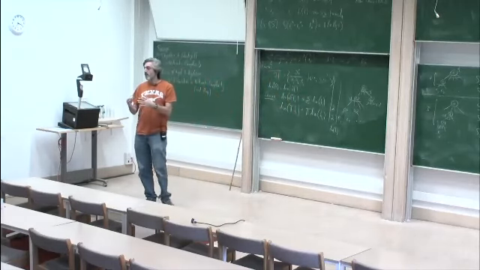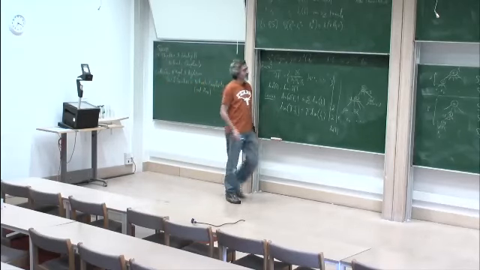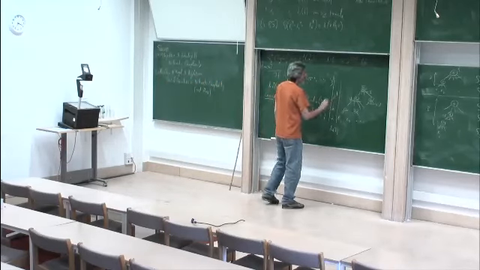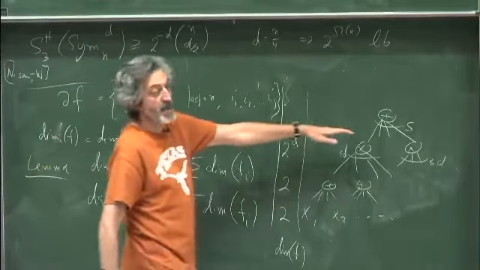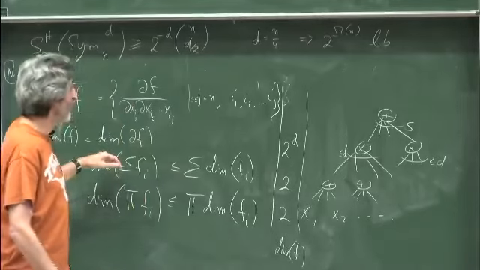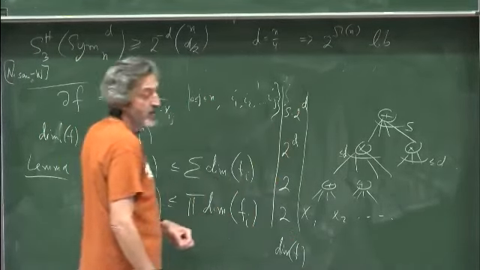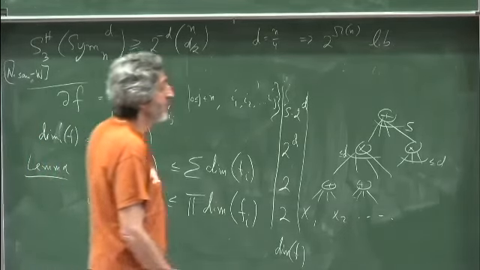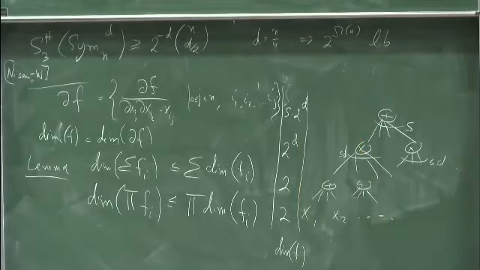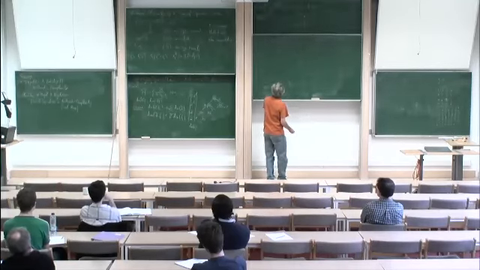Now when we take a product of at most d things, we say by this part of the lemma that this is at most 2 to the d. Now when we add s of them, by the first part of the lemma, it's at most s times 2 to the d. So this is great. We know exactly an upper bound on the dimension complexity of a circuit like this, and now all we have to do is give a lower bound for our favorite polynomial, for example, the symmetric polynomial of degree d.